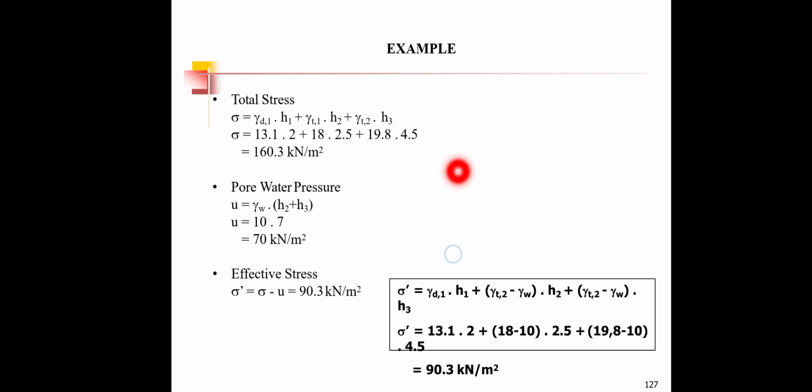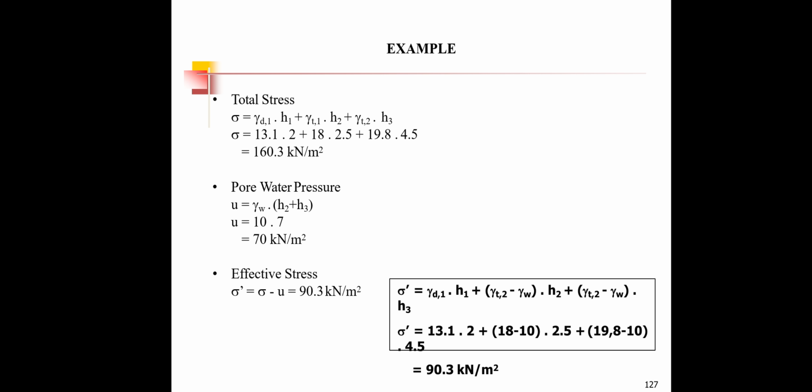From the top till the last base of the soil sample, total stress is gamma 1 into H1 plus gamma 2 into H2 plus gamma 3 into H3, where gamma 1 is the dry unit weight, gamma 2 is the bulk unit weight, and gamma 3 is the unit weight of the soil sample.